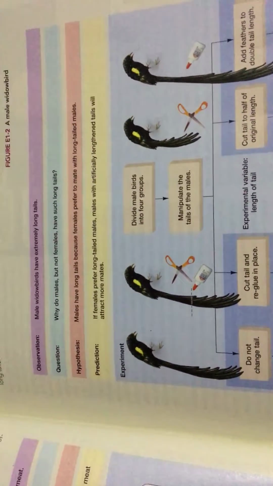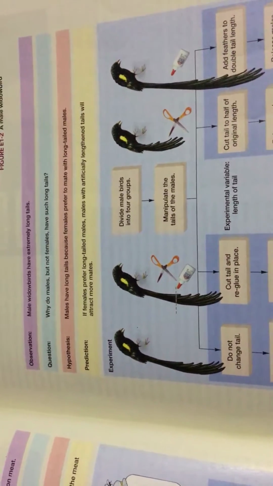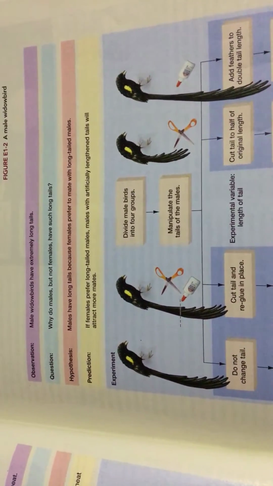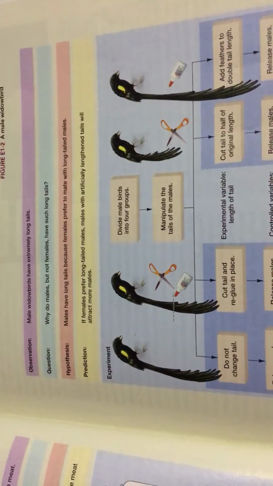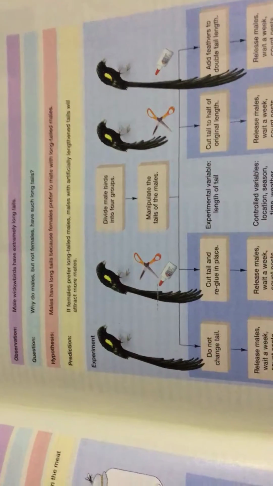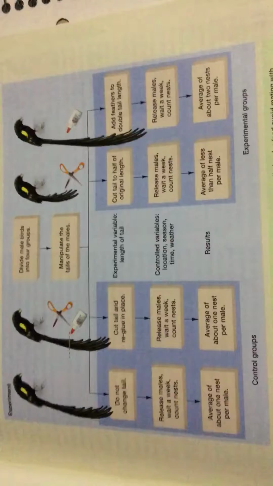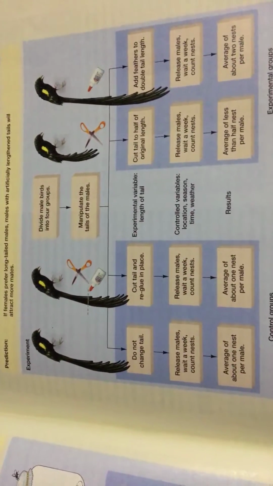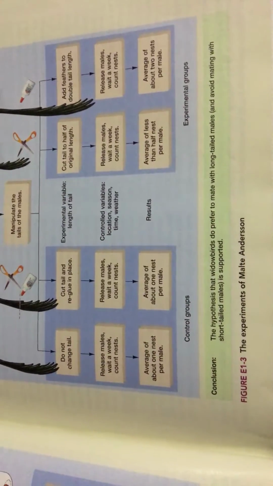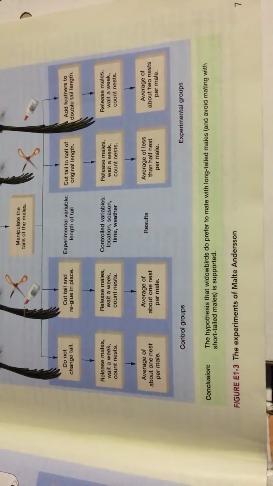So their theory was that the males have the long tail because the females like it. So their prediction is that if the females prefer the long tails, then males with artificially lengthened tails, even if it's truly short, they'll attract more females. So they did this test, they got their results, and their conclusion was that the widow birds do prefer to mate with long-tailed males.